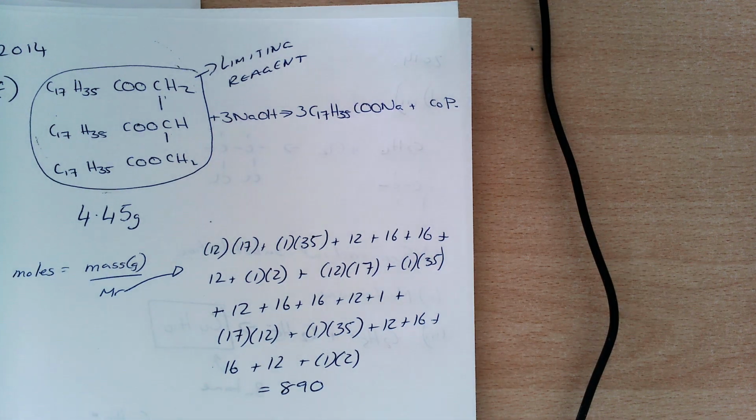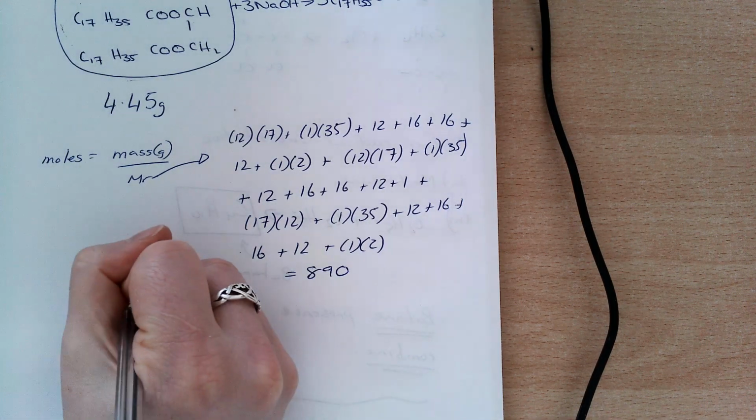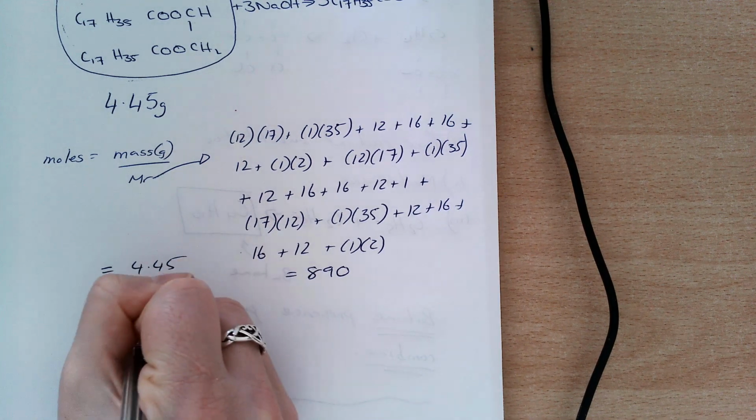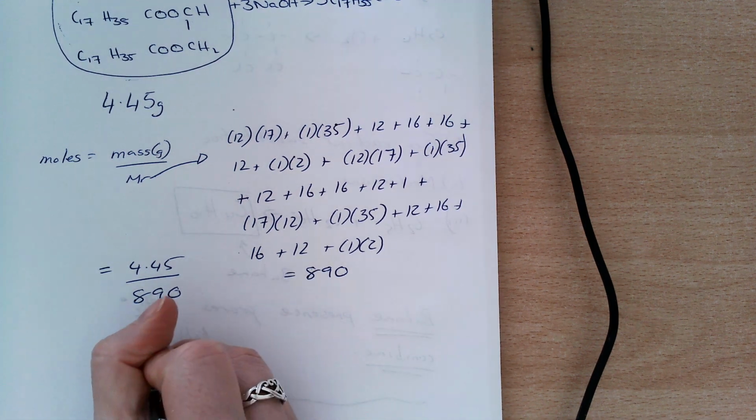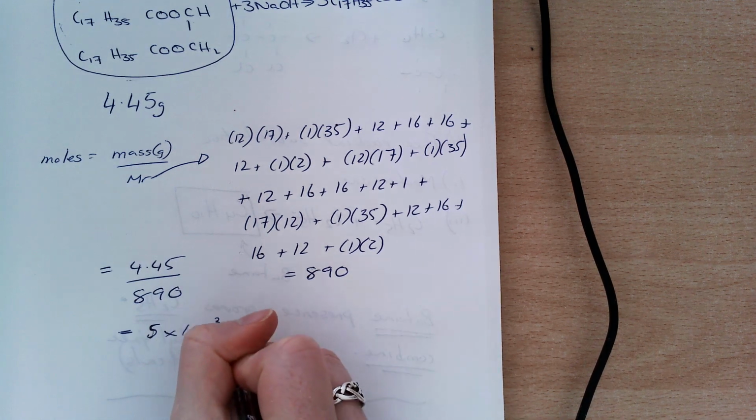So mass in grams here is 4.45 divided by 890, and that gives me a number of moles of 5 by 10 to the minus 3 moles.